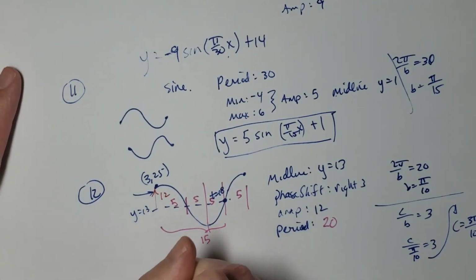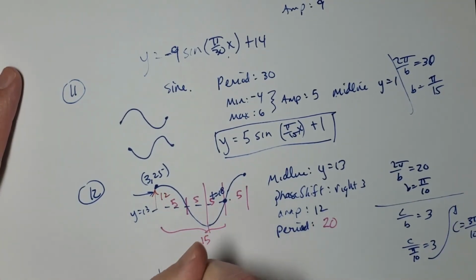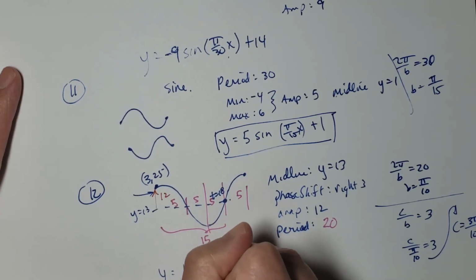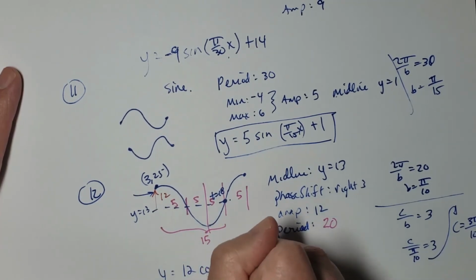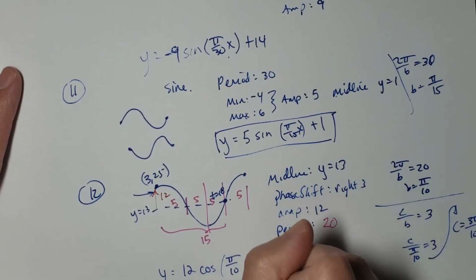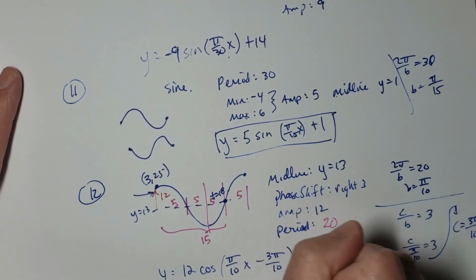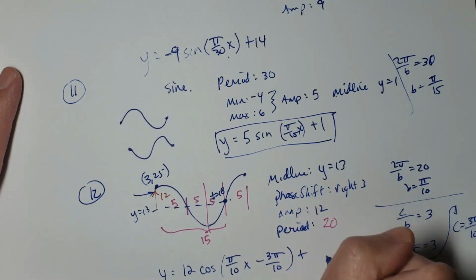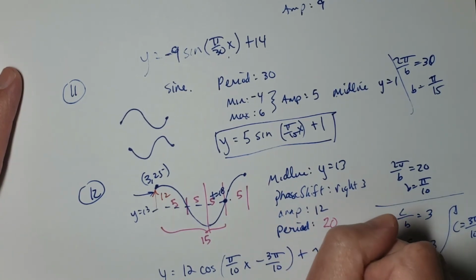And finally put that all together. Positive cosine, amplitude is 12. b is pi over 10, x. It moved right, so it's a minus 3 pi over 10, plus, what's my midline? 13.